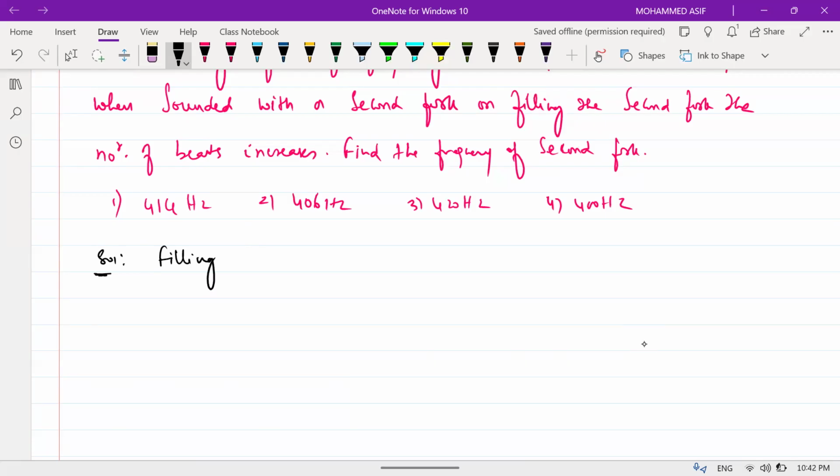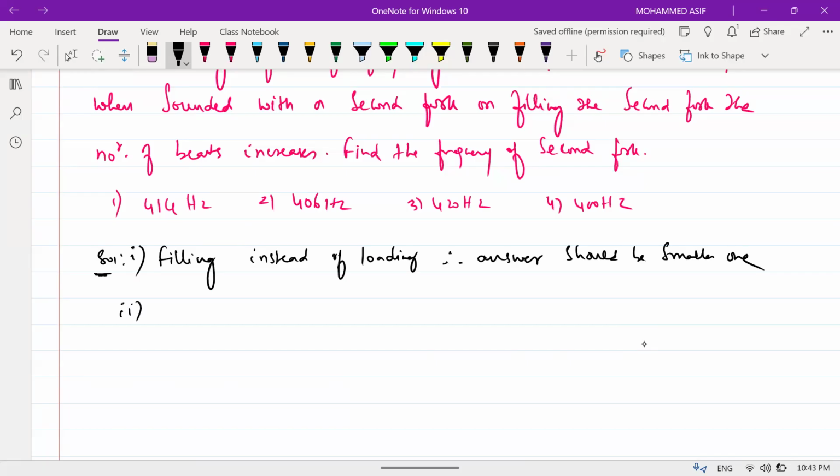Whenever I'm filing instead of loading, therefore, the answer should be smaller. Okay, that is the first case.